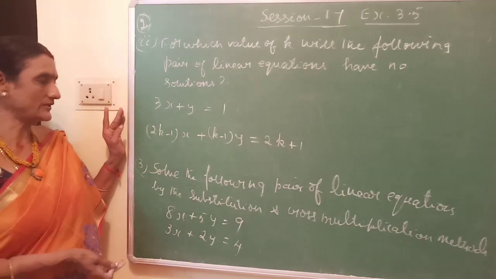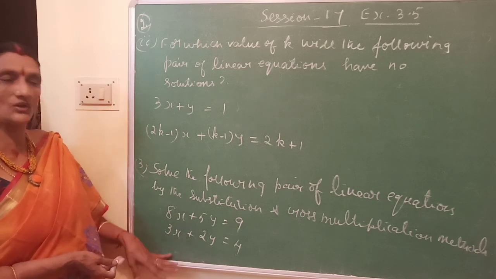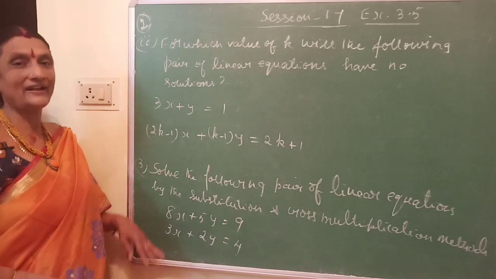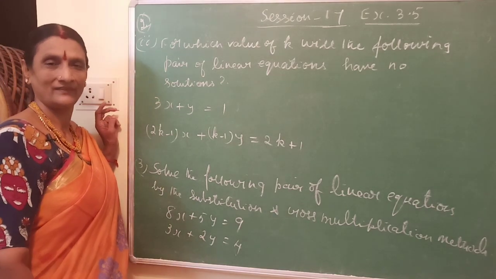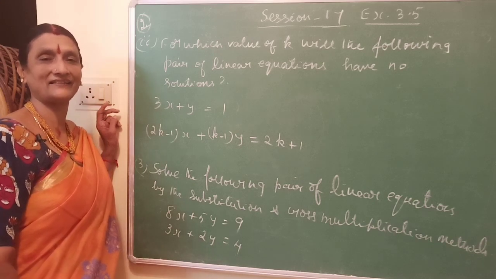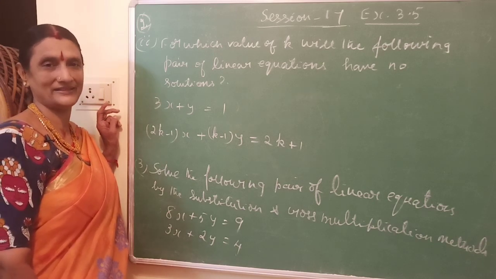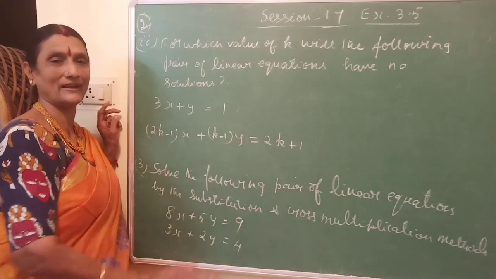And the third question: solve the following pair of linear equations by the substitution and cross multiplication method. What did I tell you in the last session? Any method you want, you can do. There is no specification that you have to do only this method or that method. It is your comfort. But at the same time, when the method is mentioned, you have to do only by that method.